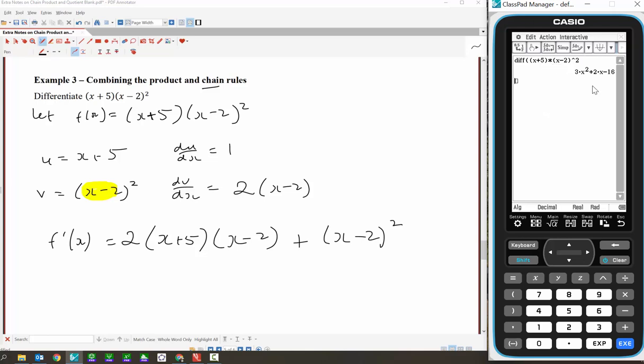Alright, so what the calc's done is expand that. I'm going to write it a little bit differently. Now we don't have to do this unless we're told to do a factorising question, but it might be of interest to us to just see if there's anything we can do.